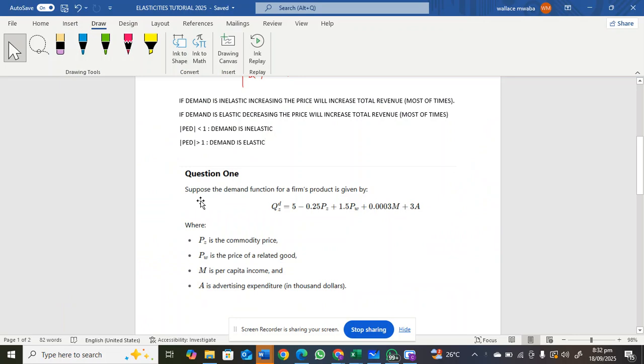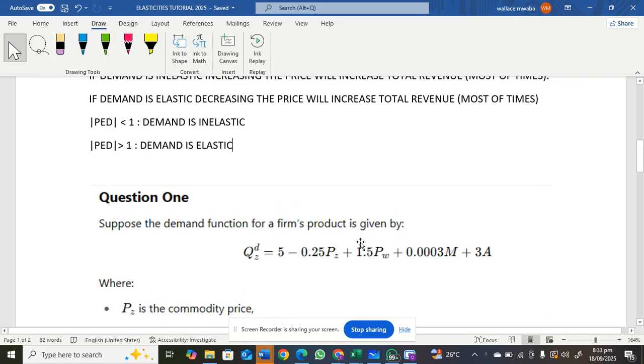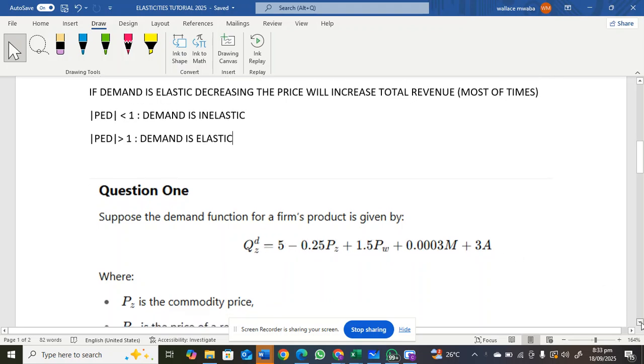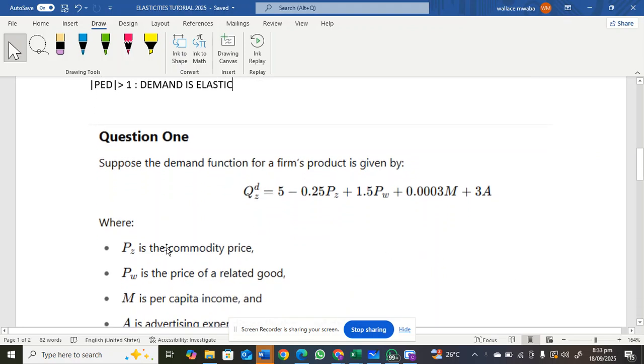All right, so suppose the demand function for a firm's product is given by this, our demand function. PZ is the commodity price. So this demand, QDZ, is the demand for good Z, and PZ is the price for good Z. PW is the price of a related good.